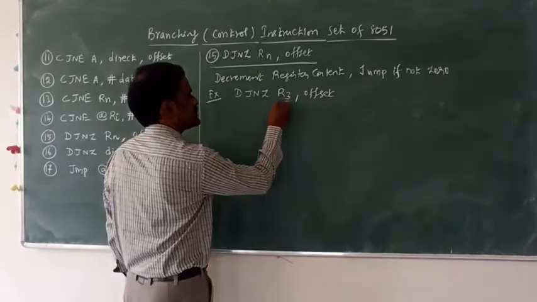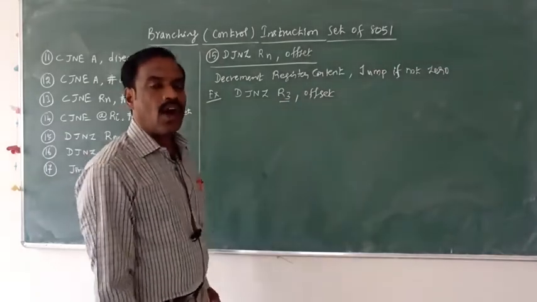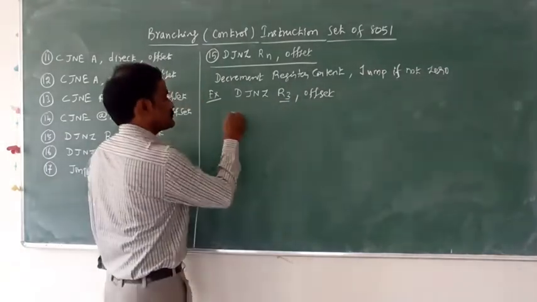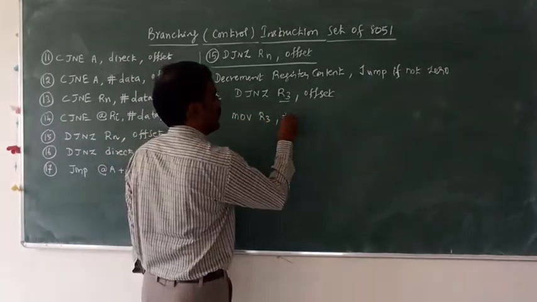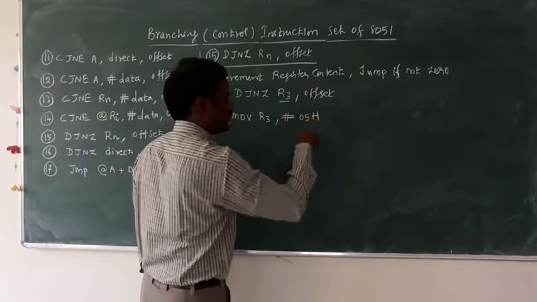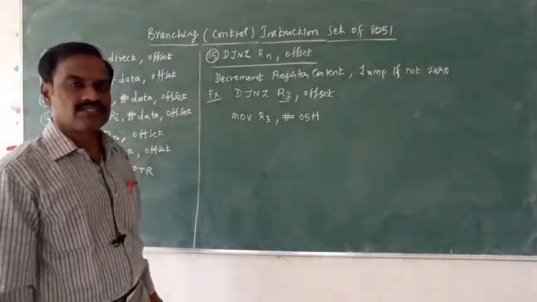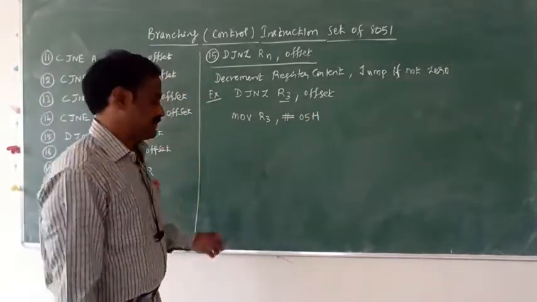Example, first we have to initialize the data in the R3 register: MOV R3, #05H.